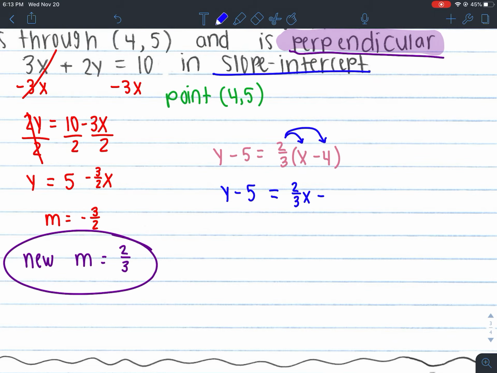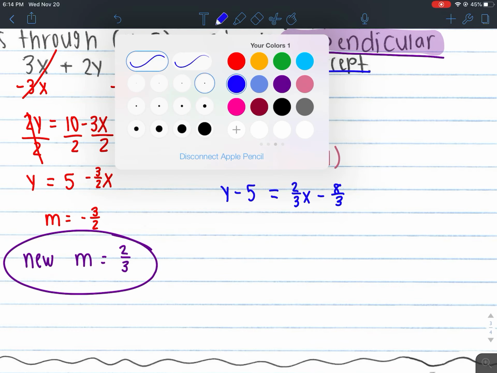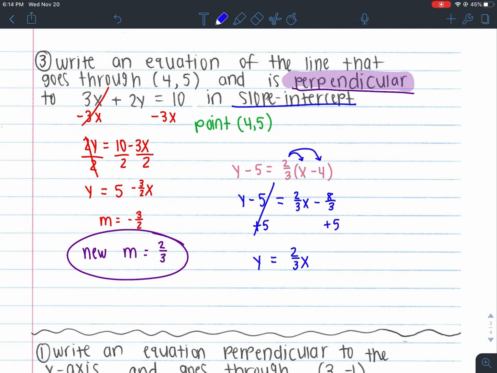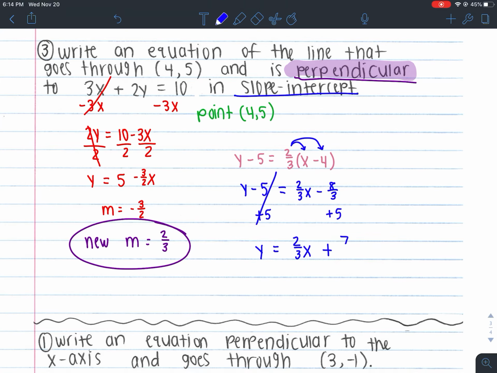Okay, so this would be negative 8 over 3. And then I still want to add 5 to both sides. y equals 2/3 x, and then negative 8 over 3 plus 5 is, as a fraction, positive 7 over 3.